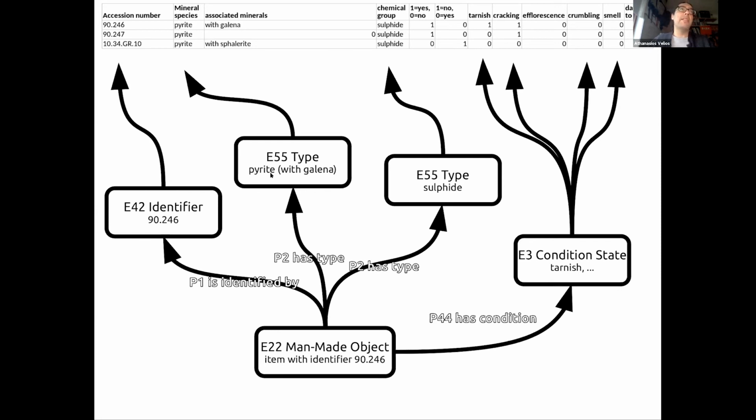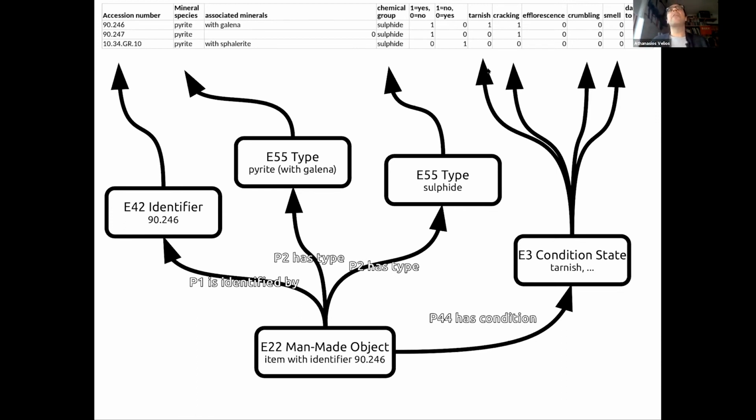And in this case, the type is pyrite, yeah, with galena, okay, if we have this specific category in our database. Then the next one is the chemical type. So this is a sulfide. Again, the same property, P2 has type. So I'm connecting the category of sulfide with that specimen, so I can group things quickly.